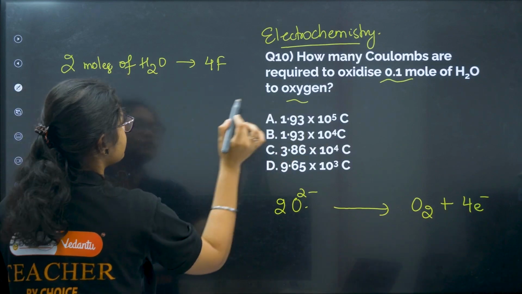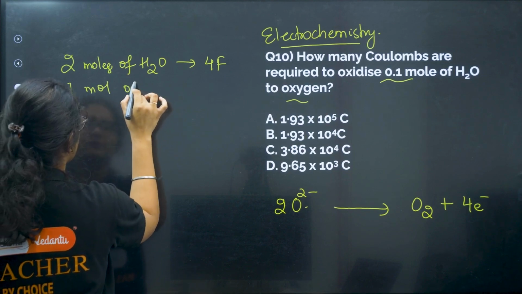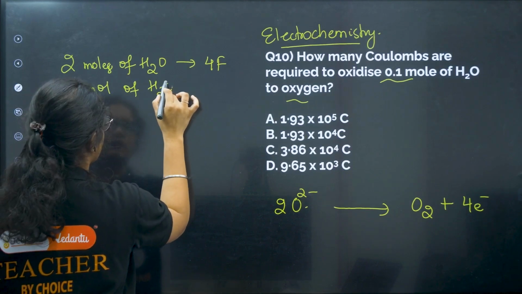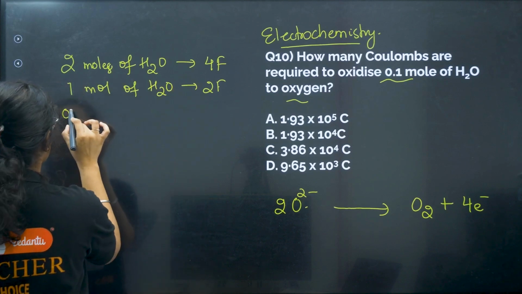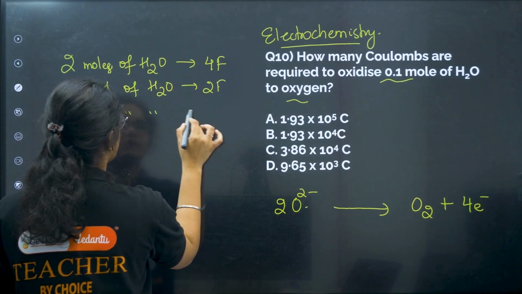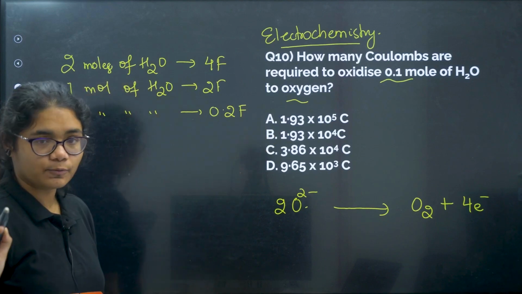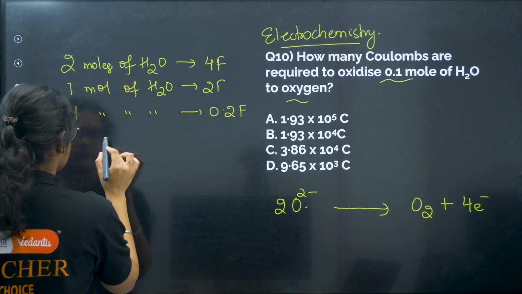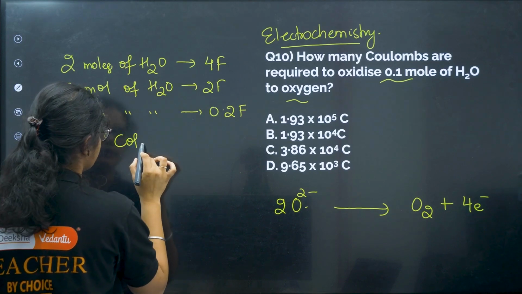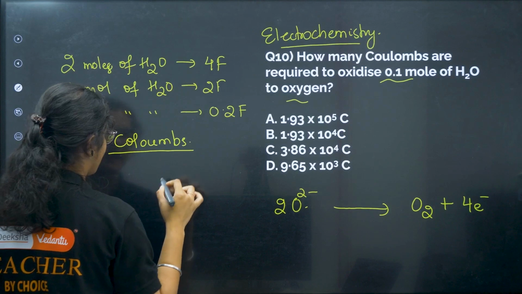Now if I want to calculate for 1 mole of water, it will be 2 Faraday, that is 4 by 2, and then for 0.1 mole of water, it is 0.2 Faraday, right? Now we need to calculate that in coulombs.